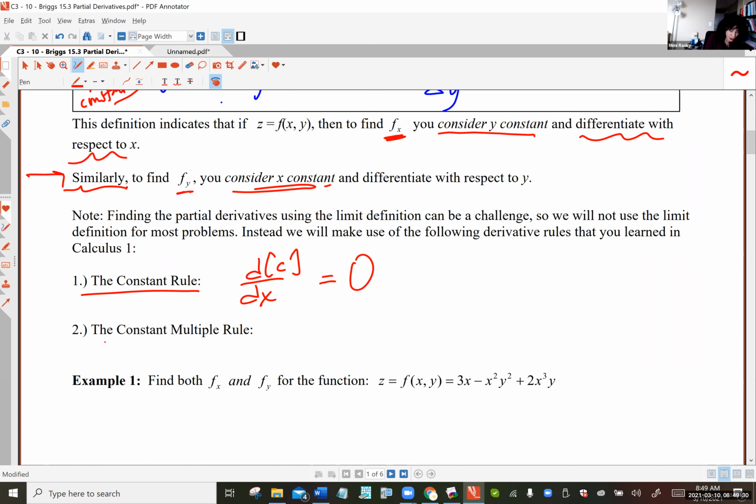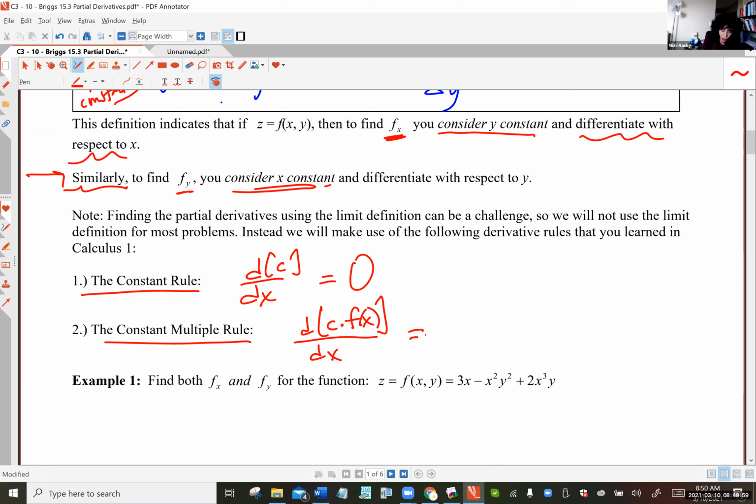Now, the other rule from Calc 1 that I need you to recall is the constant multiple rule. This is a little bit different than the constant rule. The constant rule says, what's the derivative of something that's a pure number? The multiple rule is, what if you had some constant, say c, could be a 2 or a negative 0.5, whatever, and it's multiplying with a function, and you're trying to take the derivative with respect to x of that product.